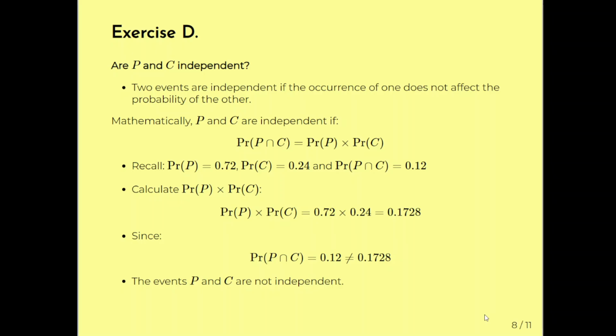Calculating the probability of P times the probability of C, that is 0.72 times 0.24, and that is 0.1728. But we know that the probability of P intersection C, Pepsi and Coca Cola, is 0.12. That is not equal to 0.1728, so they are not independent. P and C are not independent.